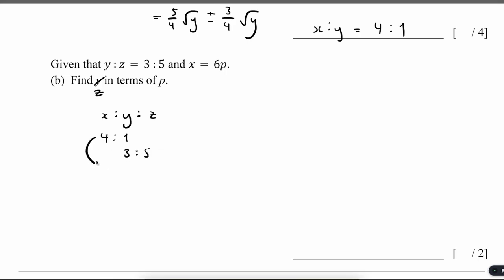Times that by 3, then you get 12 to 3. So this is 12 to 3 to 5. So we know x is 6p. We need to find z in terms of p. So that's divided by 2, so that's going to be 5 over 2 p. So our answer is 5 over 2 p.